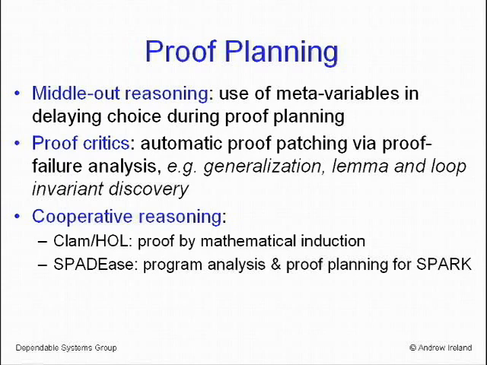Most recently, I worked with a company called Praxis, where we developed a tool called SPADE-EASE, which applied proof planning and lightweight program analysis to the Spark language. This is the Ada subset that Colin was talking about this morning. There we were automatically generating loop invariants for exception freedom proofs.